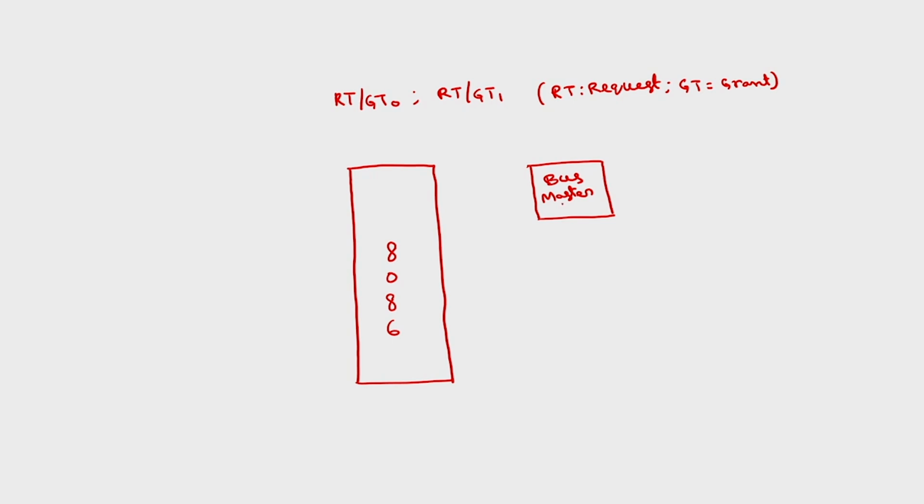Whenever this bus controller or external bus master wants to use the address and data buses of the 8086 microprocessor, it will request through one of these signals. It can be any one of these signals. In order to request, it will send a one clock duration pulse on this line.